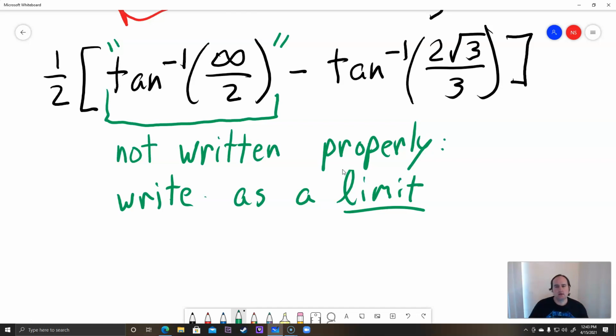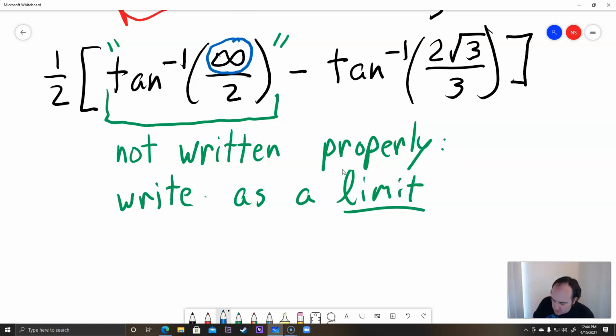So the way you are supposed to write it is, instead of writing infinity over 2, instead of writing infinity there, you're supposed to pick a variable. It doesn't matter which variable you choose. Most people choose either a or b.